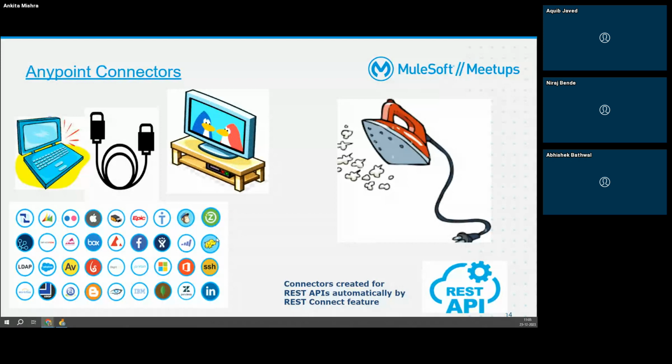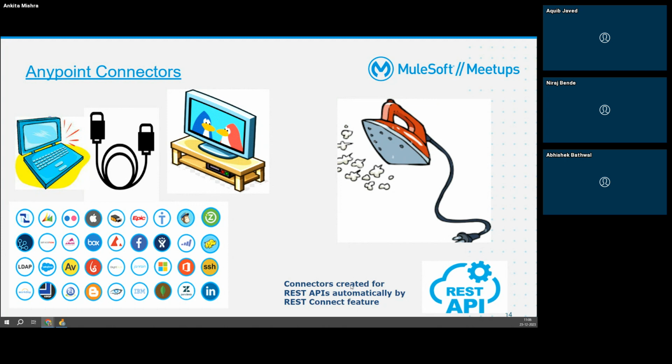However, when we create our APIs, the API should also have a connector with it, because without a connector, how will anybody be able to connect their applications with my API? The beauty of our Anypoint Platform is that whenever we create any RESTful API, then automatically, using the REST Connect feature, the connectors will be created by Anypoint Platform itself. Again, we do not need to do any coding for that. The moment you design your API specifications and publish them to Exchange, this REST Connect feature will create the connector for my REST APIs.